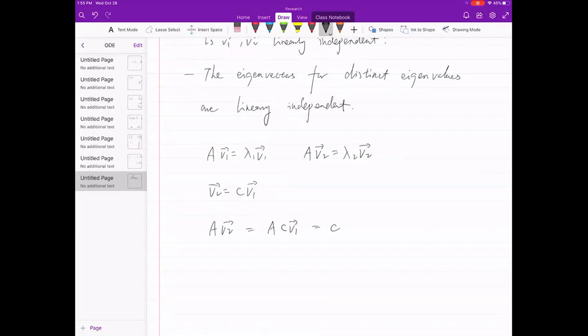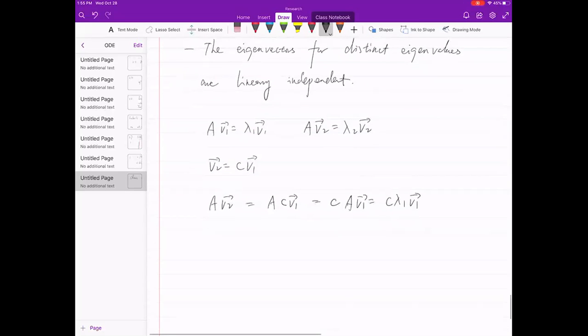Then a constant can be multiplied out. So you just proved that these two actually become V2.